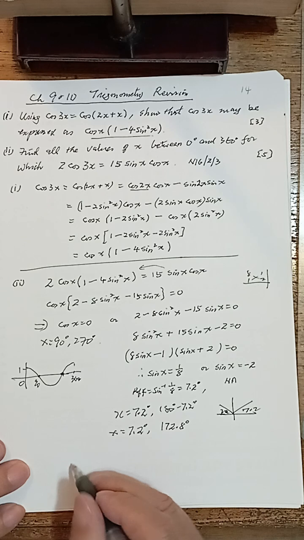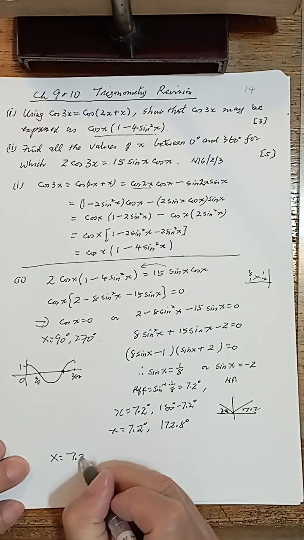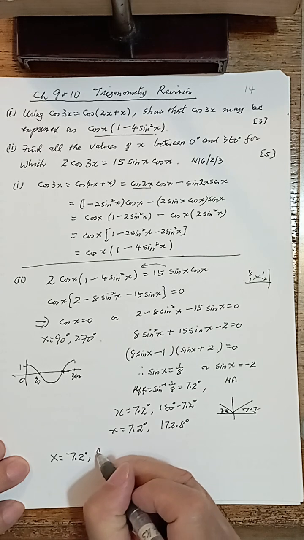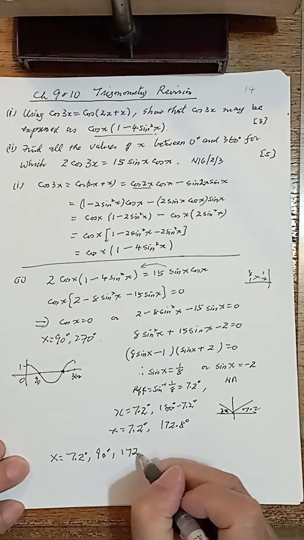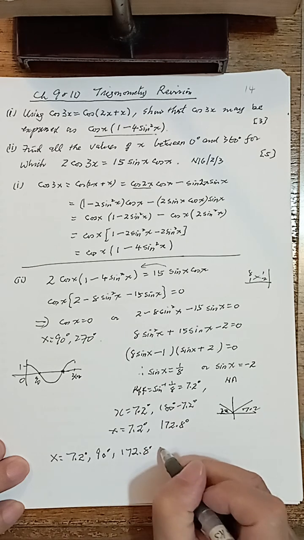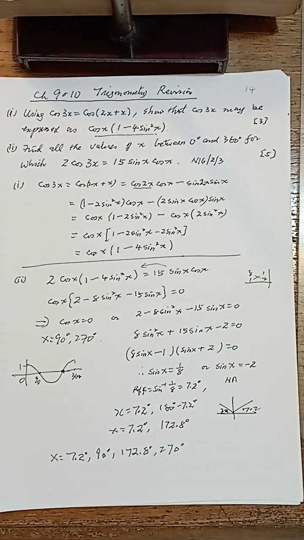So these are all the answers. If you want, you can write like this: 7.2 degrees, 90 degrees, 172.8 degrees, and 270 degrees.